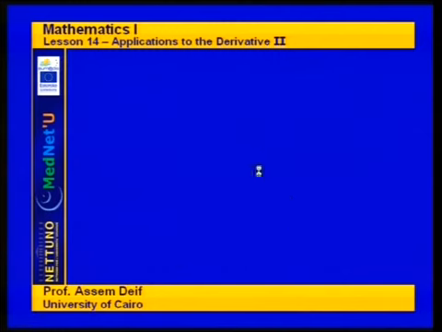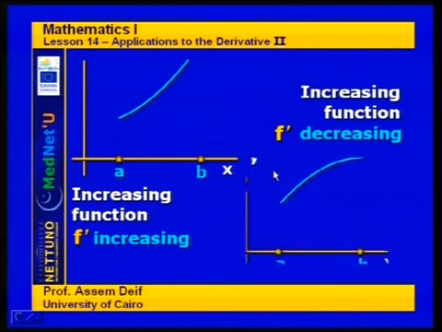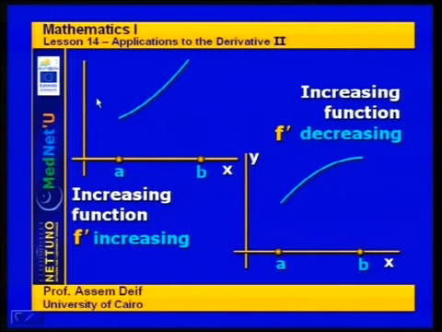Now, this is a remark that we should state. Sometimes the function is increasing. For example, as it shows here on the screen, both functions are increasing, this one and this one. But there is a difference between the two. The slope of the tangent at the beginning is slow, and then it accelerates.